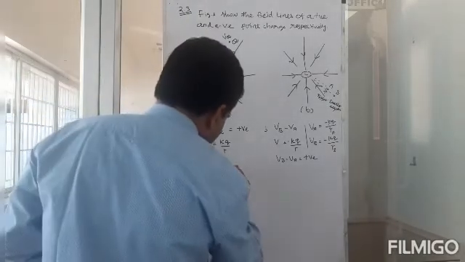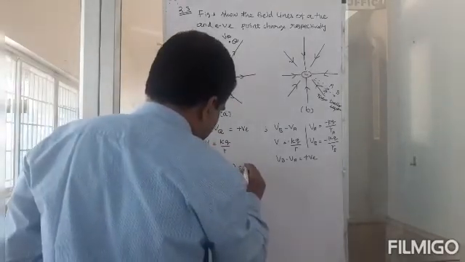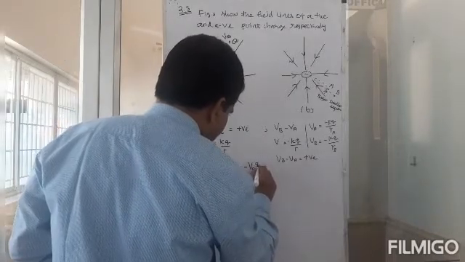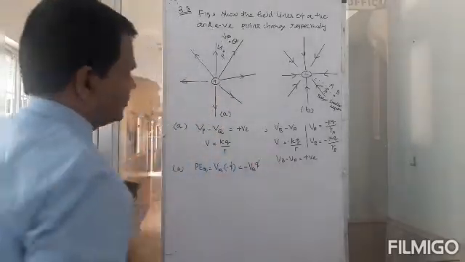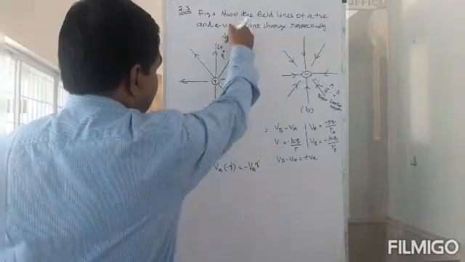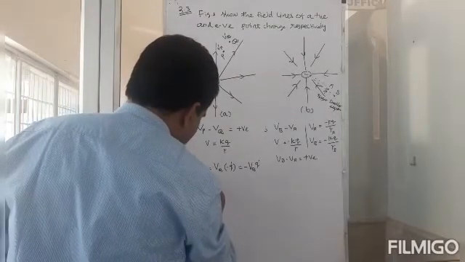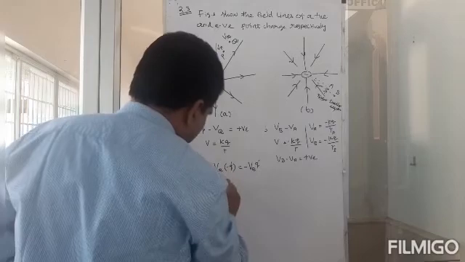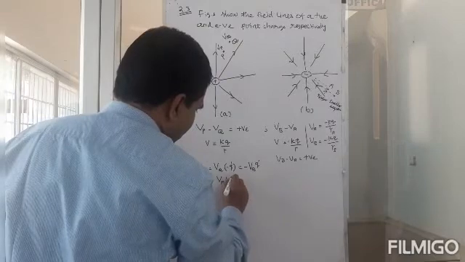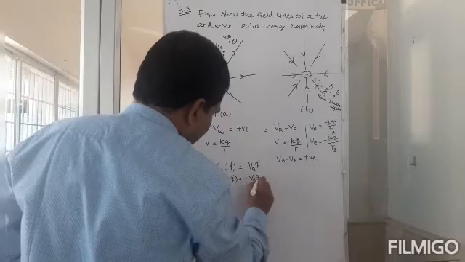So this is going to give me minus VQ Q dash, small charge Q dash. And when the small charge Q dash is at P, then the potential energy at P will be potential at P multiplied by minus Q dash again. So I'm going to get minus VP Q dash.